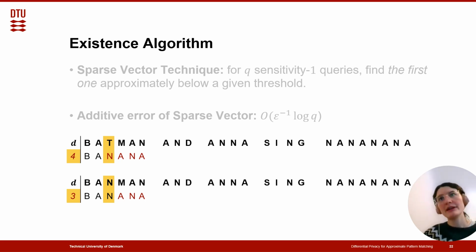So what we do is we set our threshold for the sparse vector technique to something slightly above k, so that we can guarantee that if the distance is at most k, then with high probability we will report the substring, and we will only report substrings which have a distance that is not too much larger than k.